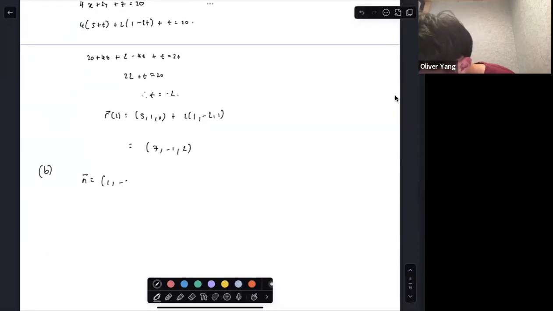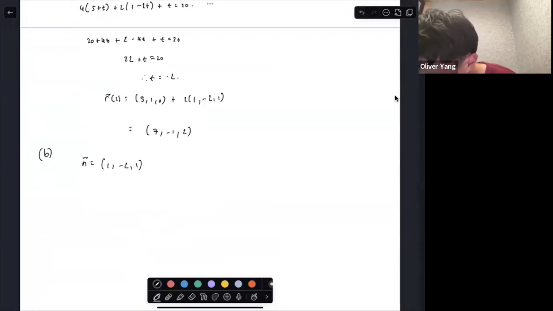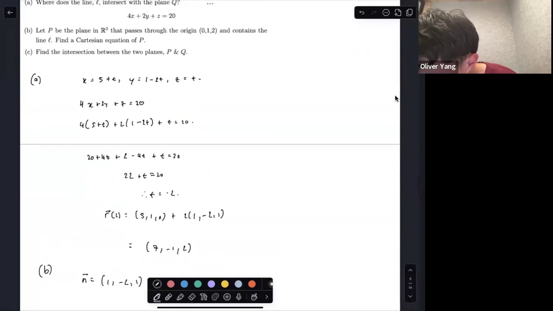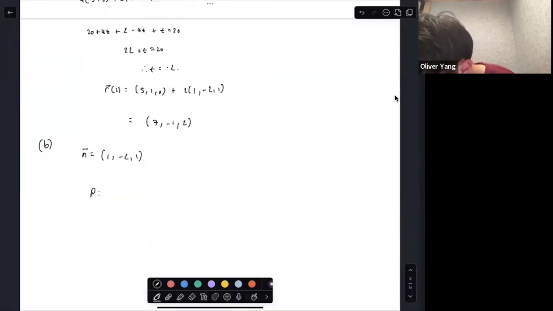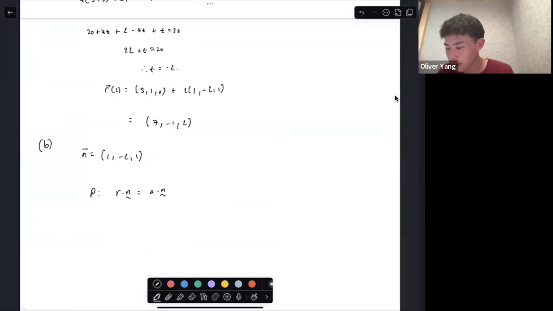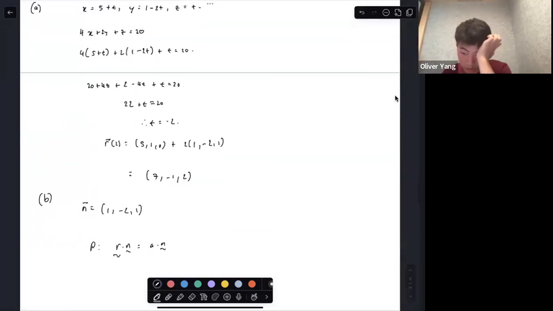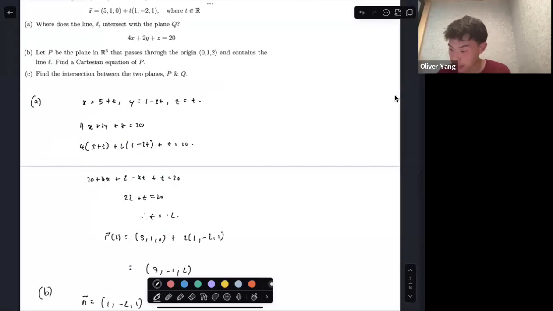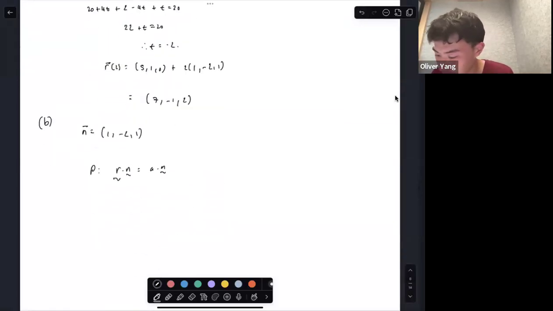And then we know our plane equation is r dot n equals a dot n. And we know that a is a point, so we're just going to use a as 0, 1, 2 here.